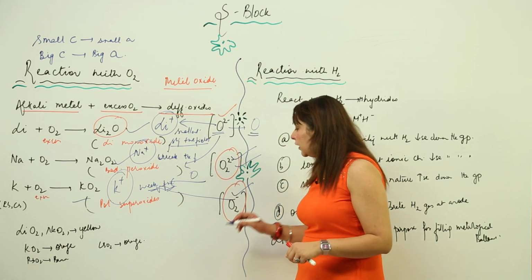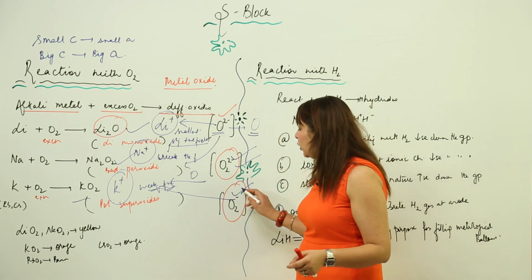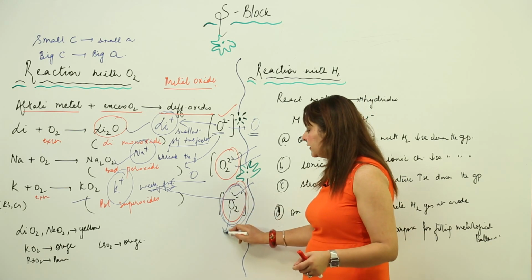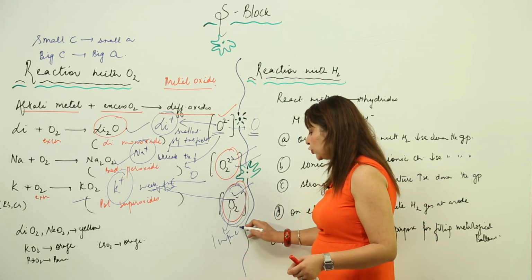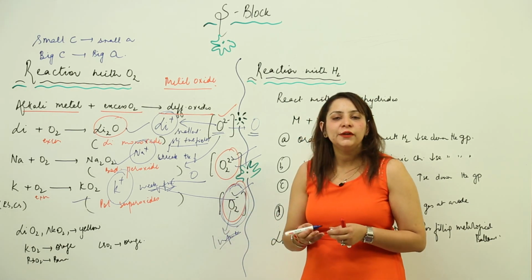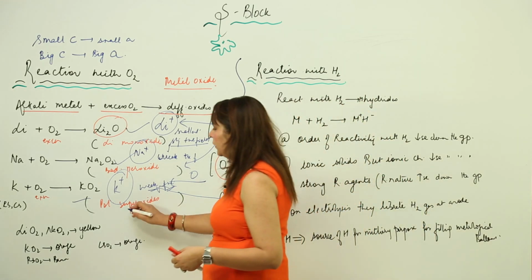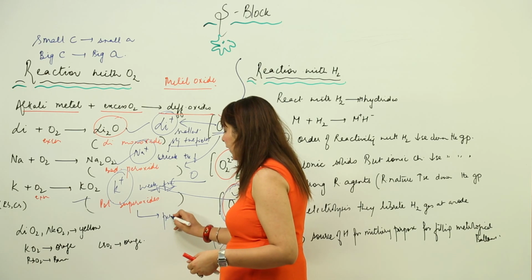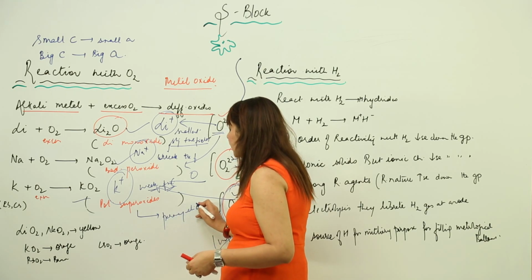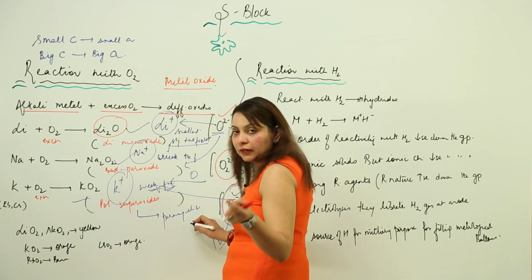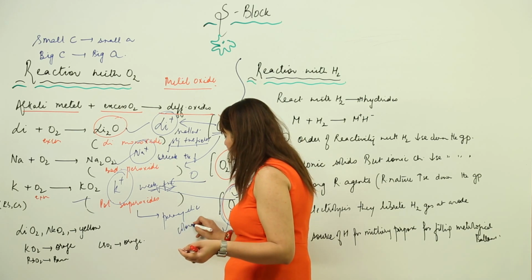If we look at the superoxide, we see it has one unpaired electron, due to which these superoxide compounds are paramagnetic. And we know that if a substance has an unpaired electron, it has a color also.